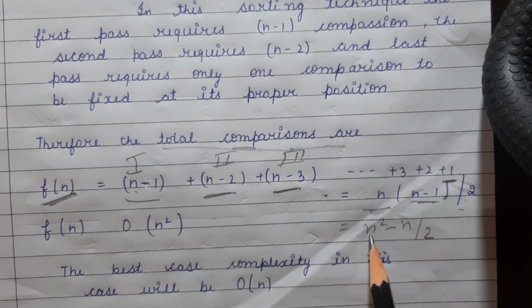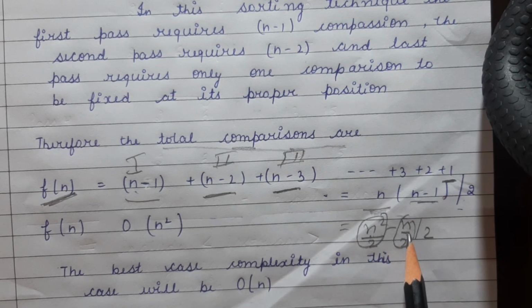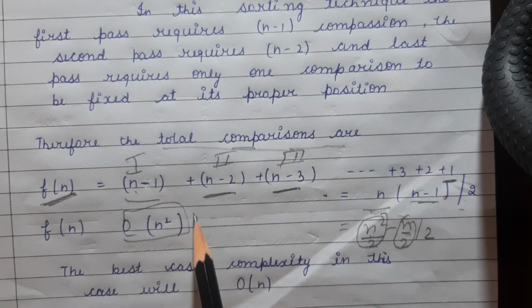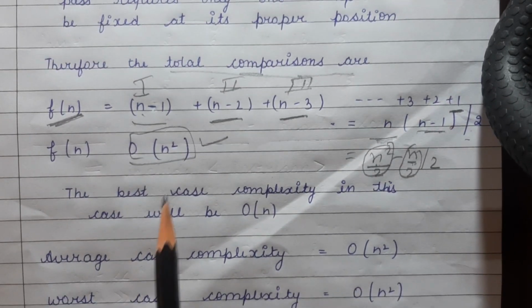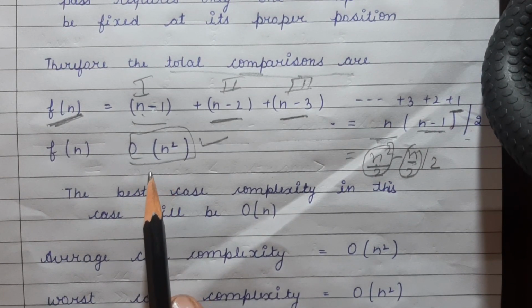In algorithms we assume that n has a very large value, so dividing n square by 2 doesn't affect the growth. From n square and n, which one is the maximum? n square is the maximum, so the time complexity becomes big O of n square. This is the worst case complexity of the bubble sort, that is big O of n square.